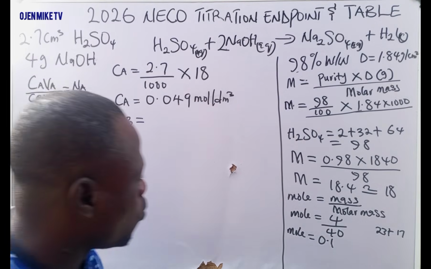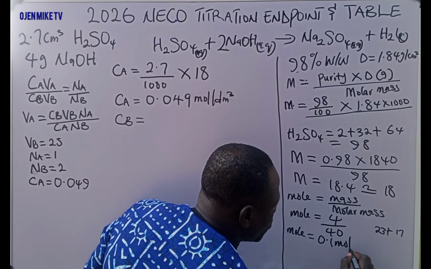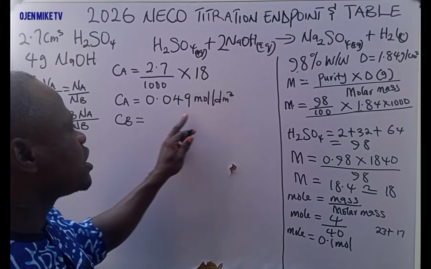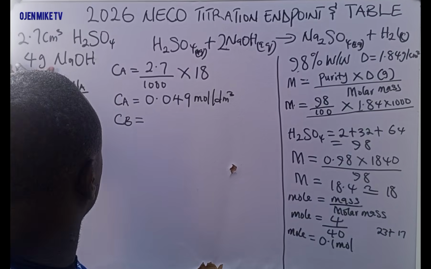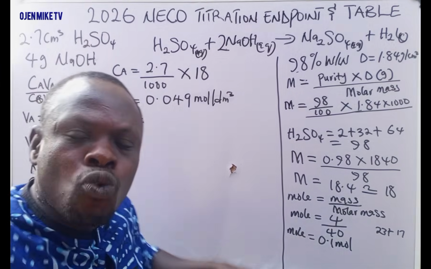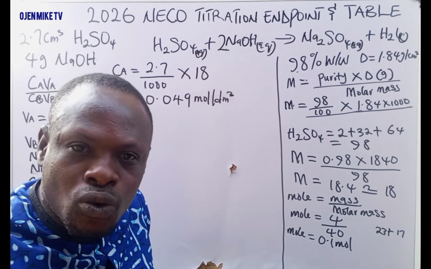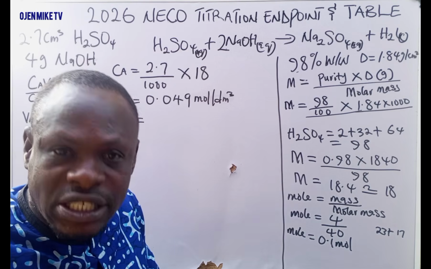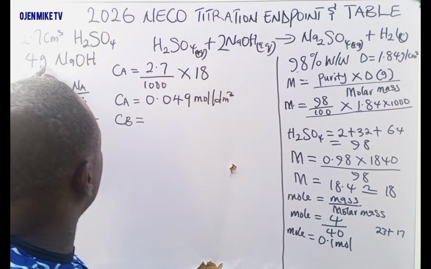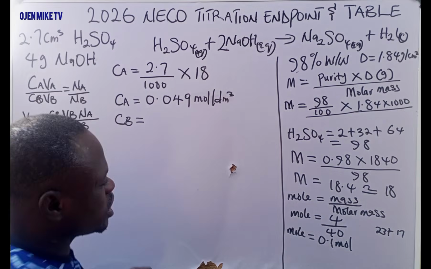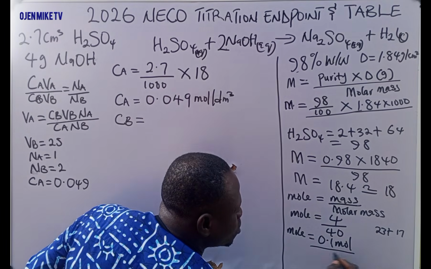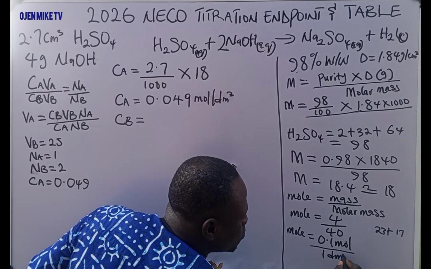Now this 0.1 mole, look at 1 mole. Remember, concentration is given in moles per dm³, and we are asked to dissolve these 4 grams to make 1 dm³ of it. 1 dm³ is 1000 cm³. Do you get that? Since it is like that, we divide by 1 dm³.